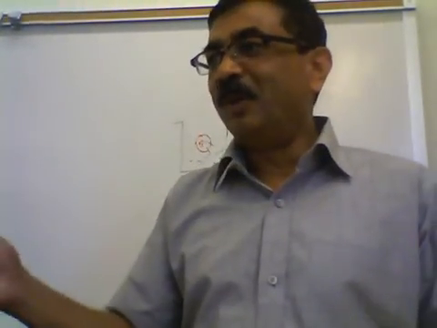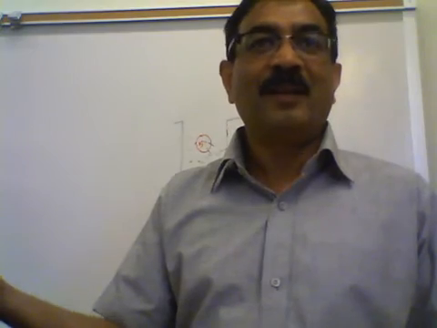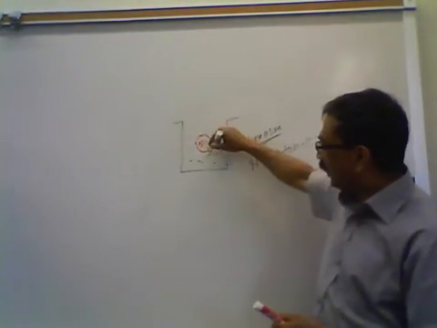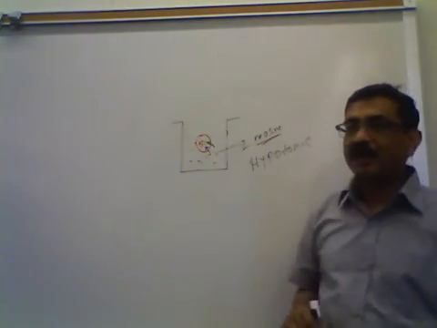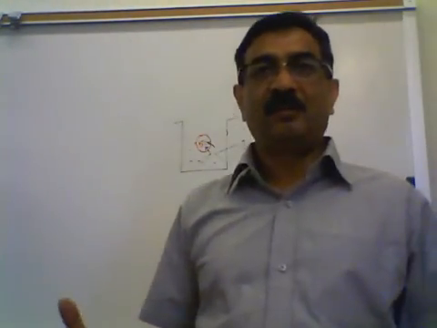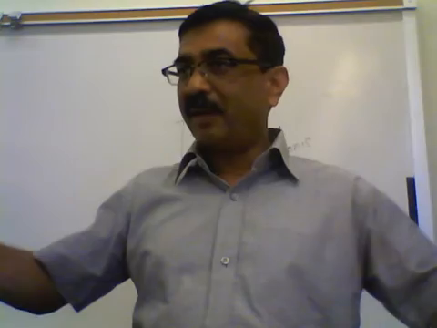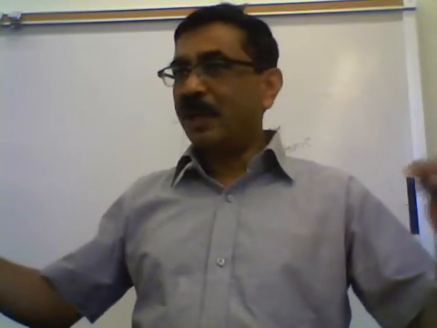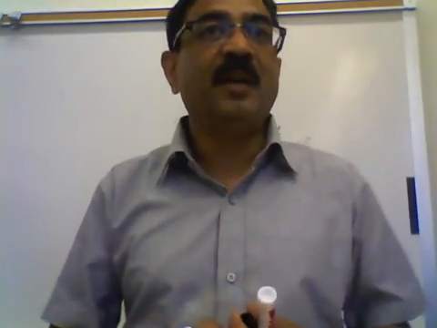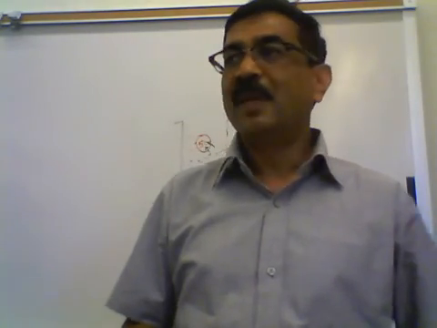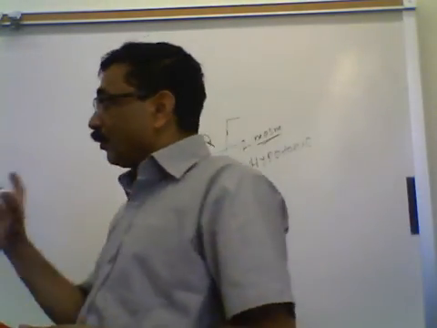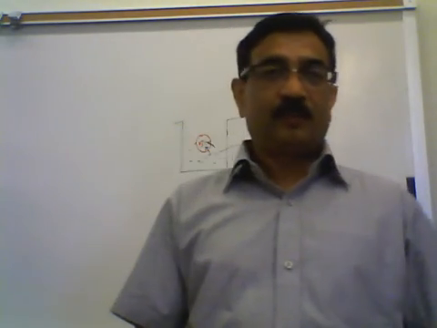Always the same rule, low to high. So in this case, water will get in. Make sense? From low to high. So what will happen to the cell? Expand, will get big, right? Swelling, or eventually it can burst, rupture.